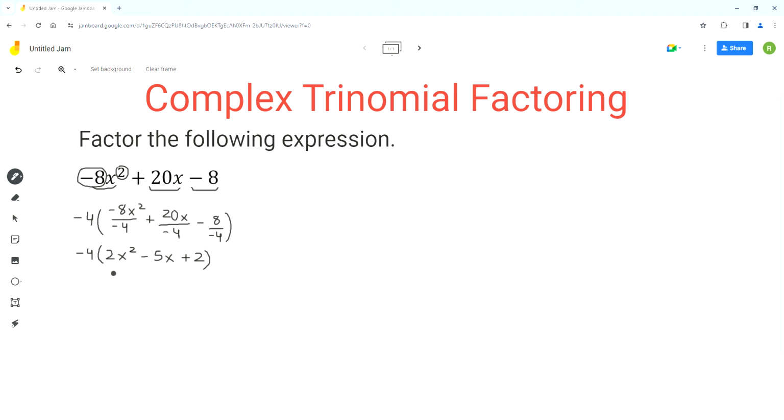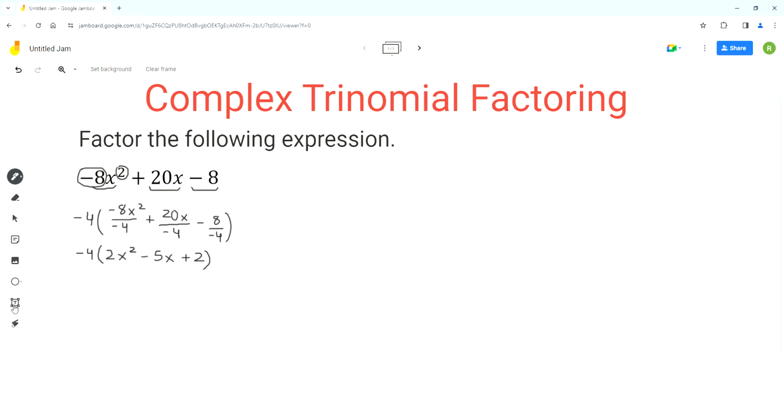Now we have to see if we can factor this expression in the parentheses. This is another complex trinomial because the coefficient of this x squared term is 2. It's not equal to 1. In order to factor this expression, we can use the decomposition method.